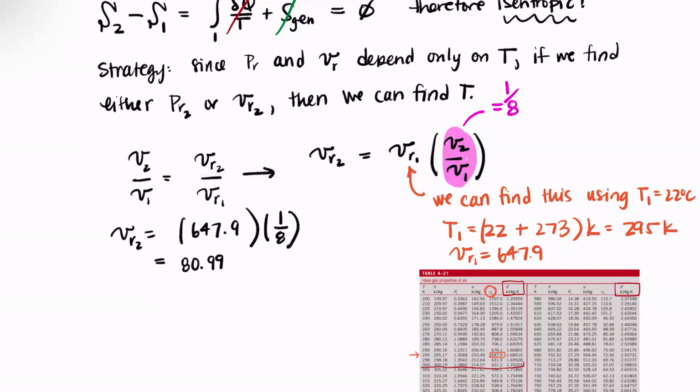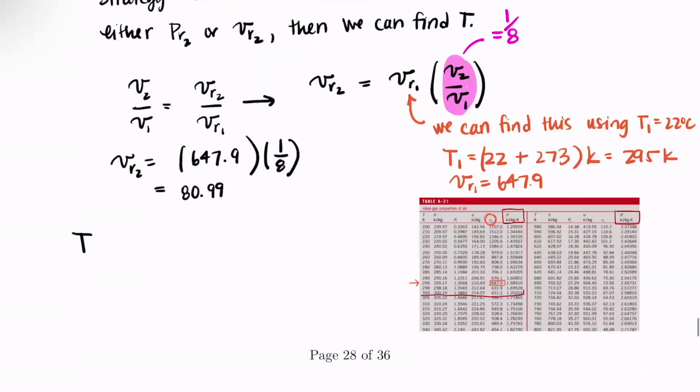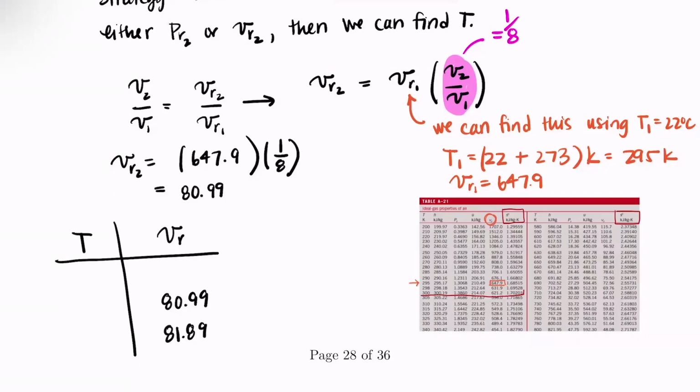Okay. All right. So now we want to find T2. So we need to interpolate. Can anybody tell me some VRs that are close to 80.99 and let me know their temperatures? 81.89. The temperature of 660.